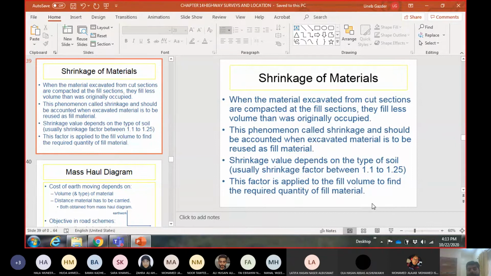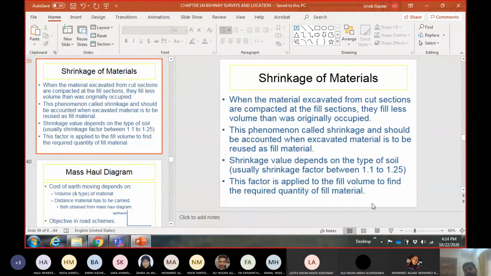Now after compaction, what happens to the volume of the material? It reduces, because the air voids are squeezed out, and then the volume of the material gets reduced. So if you brought 100 cubic meters of material to the site, in a truck or piled up on the ground, that 100 cubic meters after filling and compaction may become 95 cubic meters.